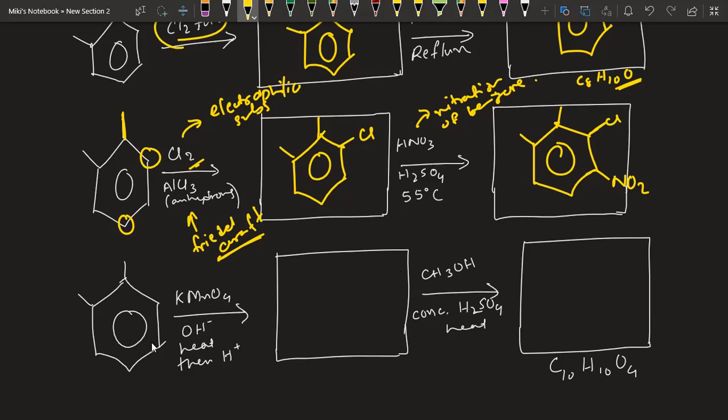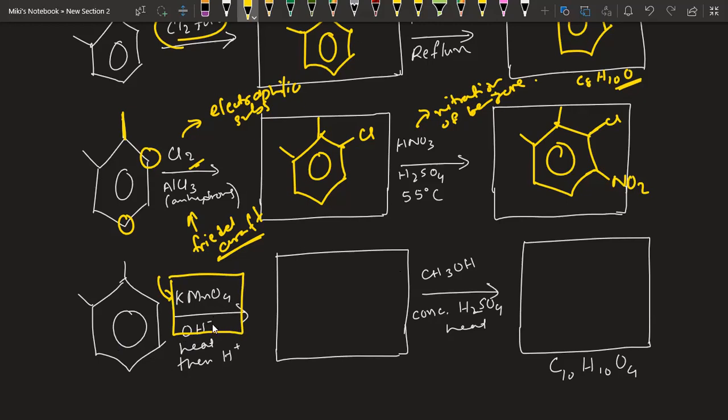So in the next part, we have KMnO4, OH minus, then heat, then H plus. What does this actually mean? We are giving an oxidizing agent in alkaline condition. We can oxidize either in acidic condition or in alkaline condition.